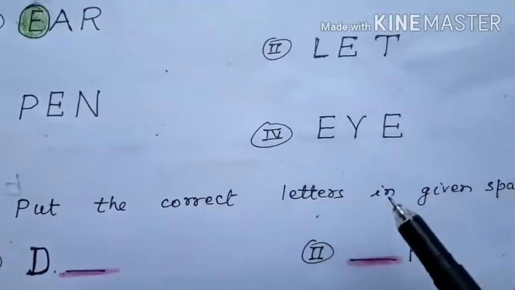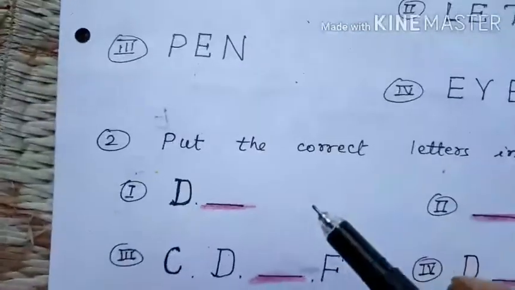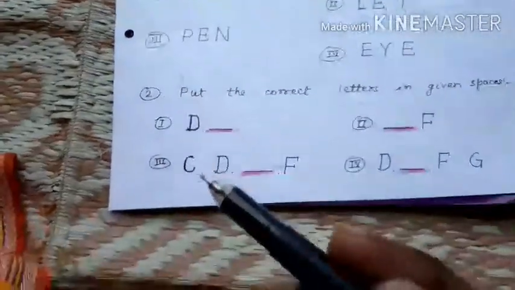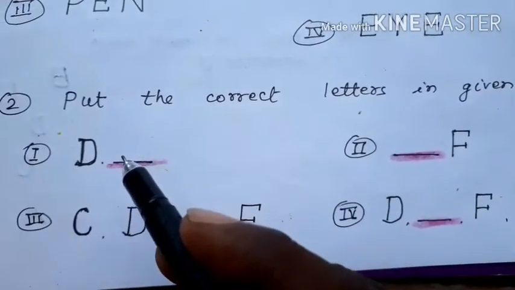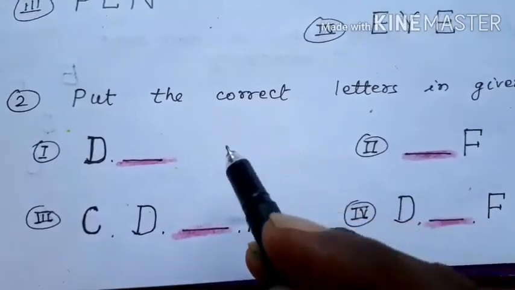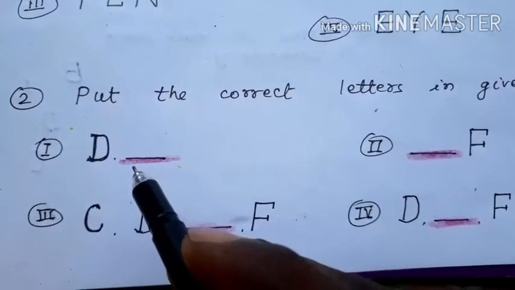Now second, put the correct letters in given spaces. Here letters are given but their places are very different.